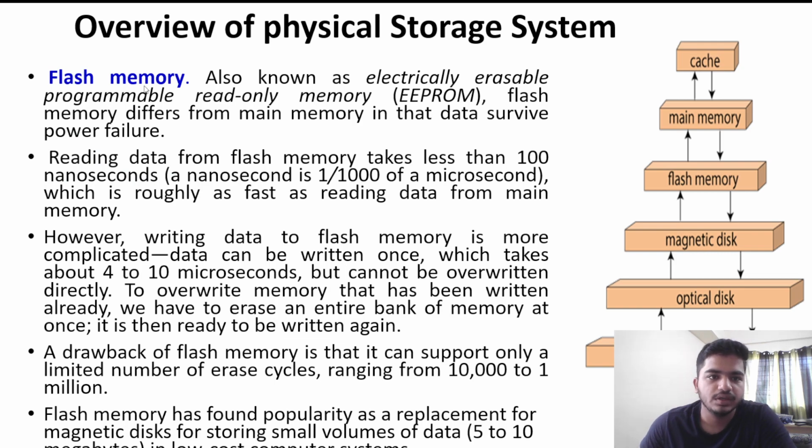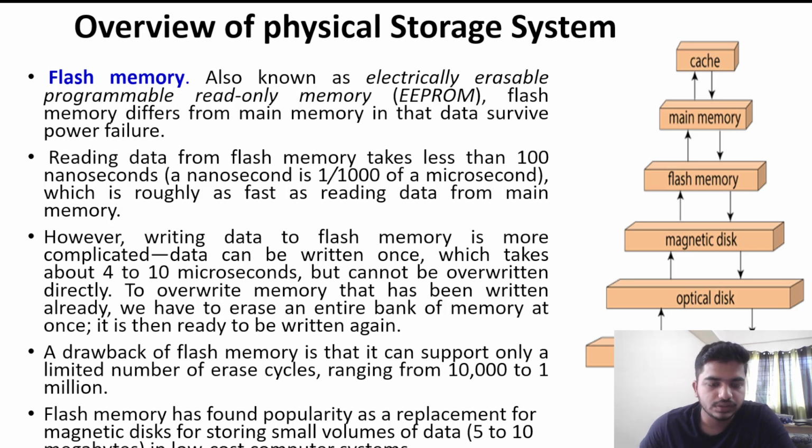Flash memory is also known as electrically erasable programmable read-only memory, which we call EEPROM. Flash memory differs from main memory in that data survive power failure. Reading data from flash memory takes less than 100 nanoseconds, which is one thousandth of a microsecond. It is as fast as reading from main memory.